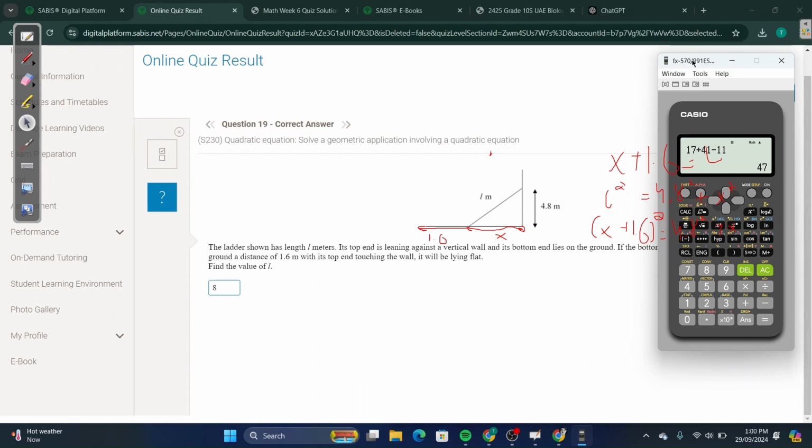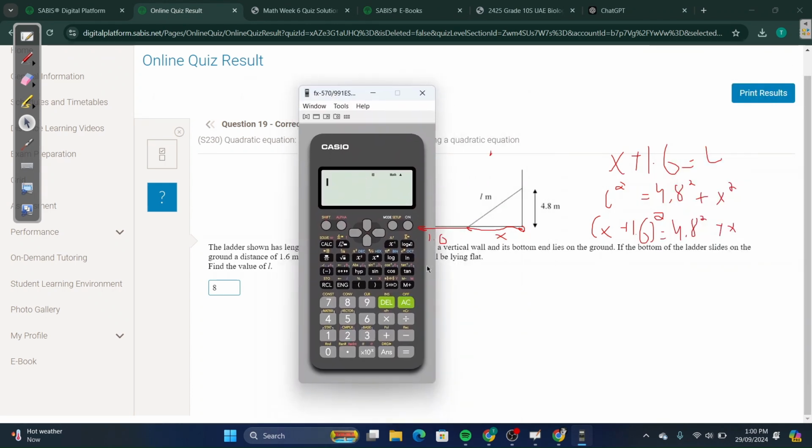So x plus 1.6 equals L, but we don't need that, we only need this equation. X plus 1.6 squared equals 4.8 squared plus x squared. Shift calc equals, you're going to get, I made a mistake, didn't I?